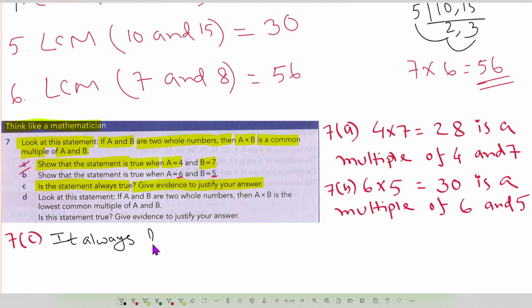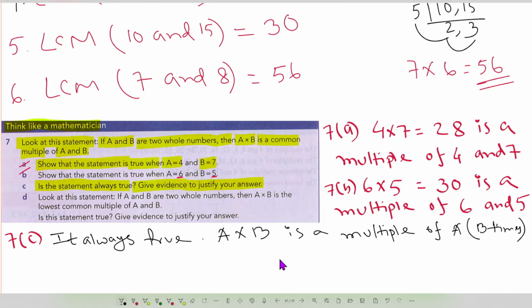A times B is a multiple of A and B, since A times B is also B times A. It's always true.